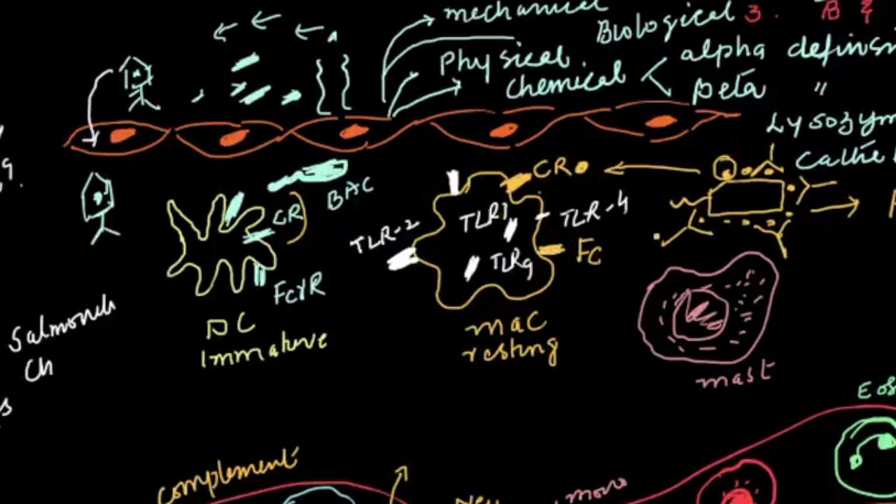Fc is from the Fc part of the antibody. Gamma is because it is against the gamma IgG, so that's why it is called Fc gamma receptor. So it's the complement receptor, Fc receptor, toll-like receptor. They will all help in one thing. They will act as opsonins, and they will help in the process of phagocytosis.